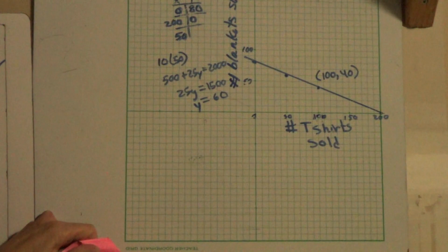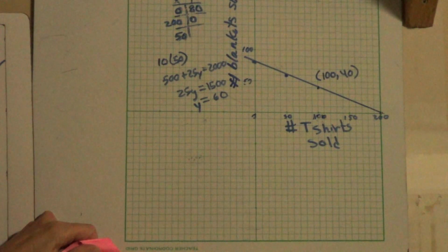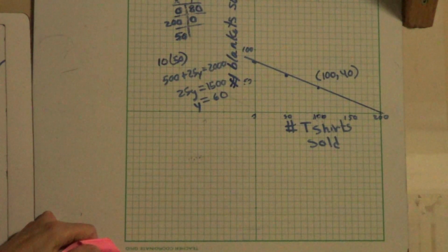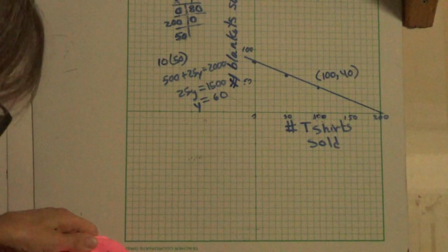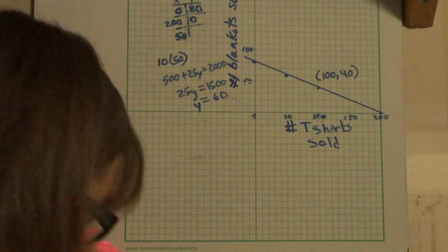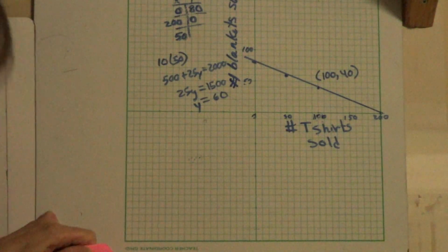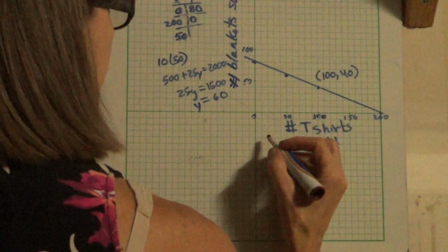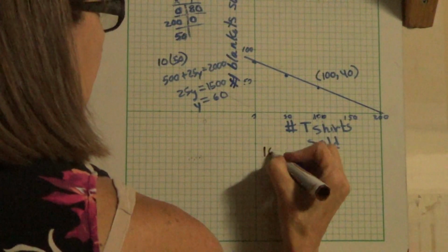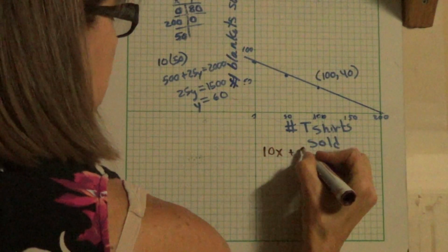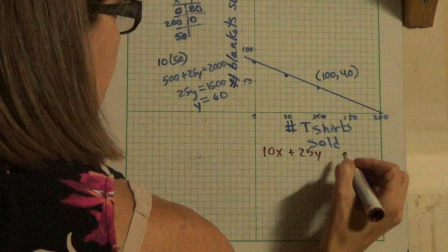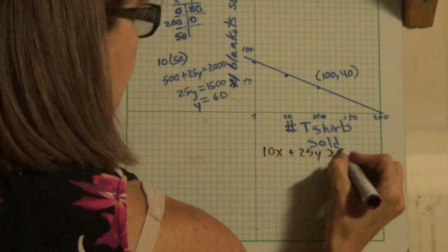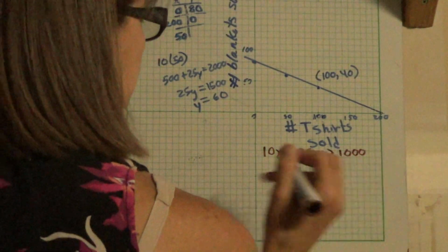Okay, now they want us to write and graph a linear inequality that shows the sales required to raise the minimum for the trip. Well, if you remember right, the requirement for the trip was $1,000. So we have our t-shirts plus our blankets, and we had to have at least $1,000 to make this trip.